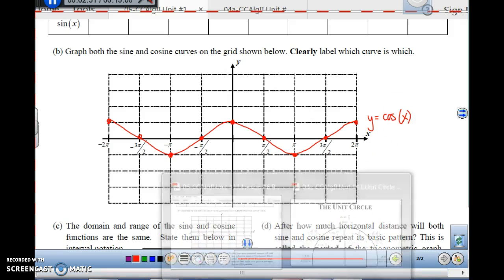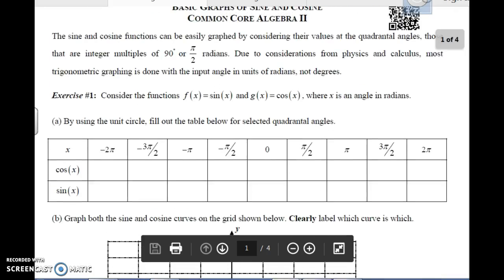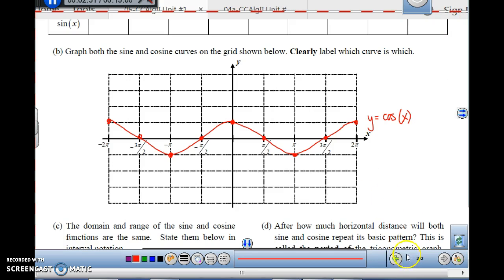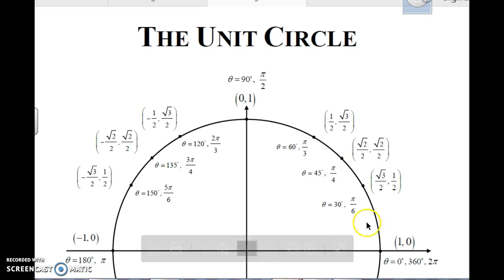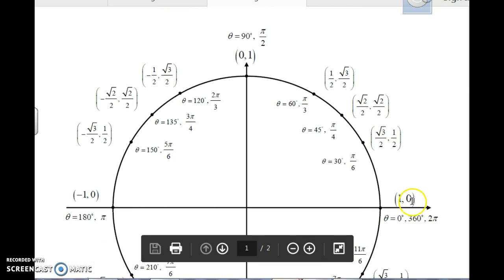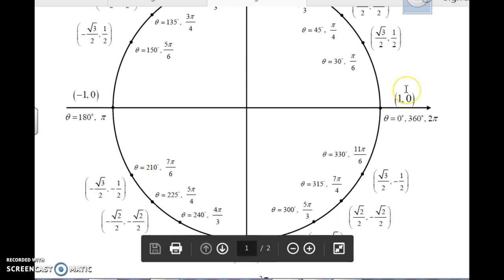Okay, now let's take a look at sine. If I look at my sine function, I'll go back to my values for sine. Remember, the sine is the y-coordinate. Cosine is x, sine is y. All right, if I look at my unit circle diagram, at 0 it's going to be 0, and then at 90 would be 1, 0, negative 1, and then 0.